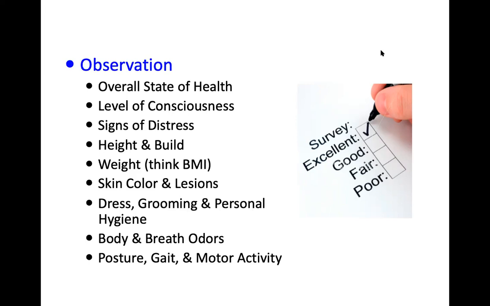Height and build, we already talked about. And in that height and build, you want to look at, is there barrel chesting, or, again, the importance of weight and how they look. Okay. When I think about weight, I think about BMI, and the insurance companies love BMI, because they can categorize somebody as obese, overweight, regular, underweight.